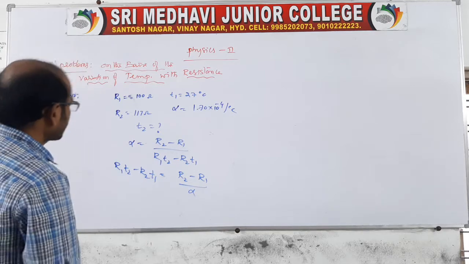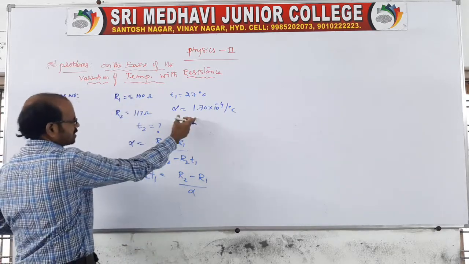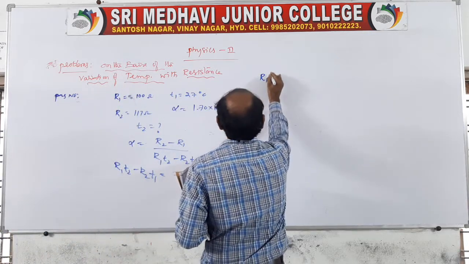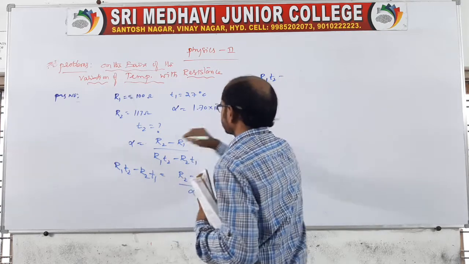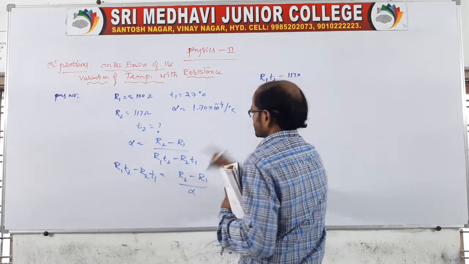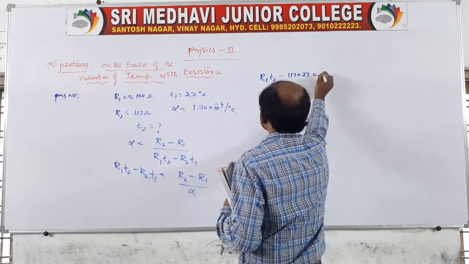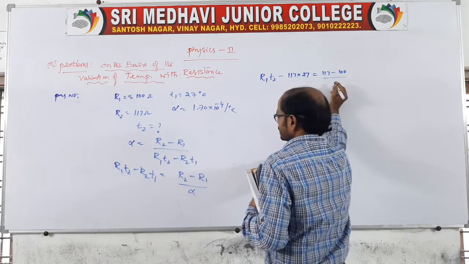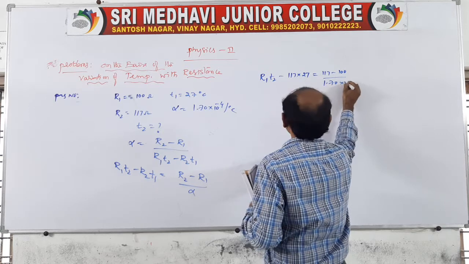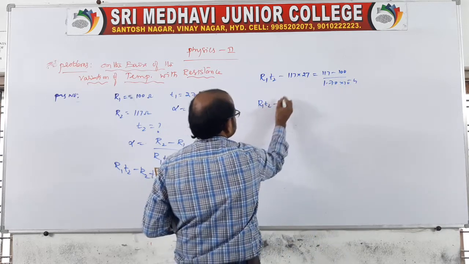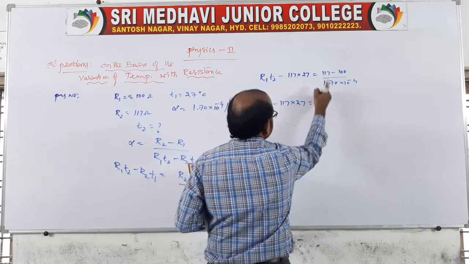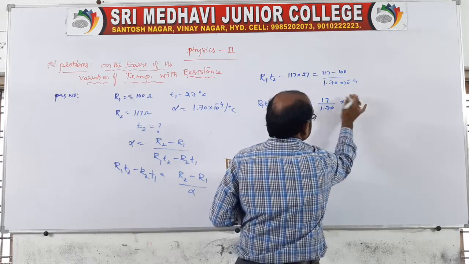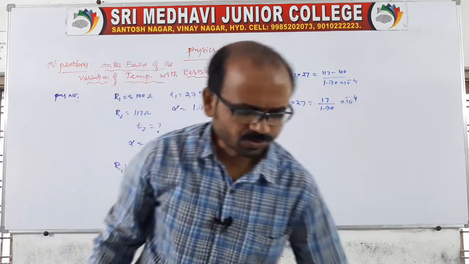Here we know R2, R1 and alpha. On the left side, R1 T2 minus R2, which is 117, into T1 which is 27, is equal to R2 minus R1, 117 minus 100, by alpha 1.70 into 10 power minus 4. So R1 T2 minus 117 into 27 is equal to 17 by 1.70 into 10 power minus 4, which becomes 10 power plus 4.